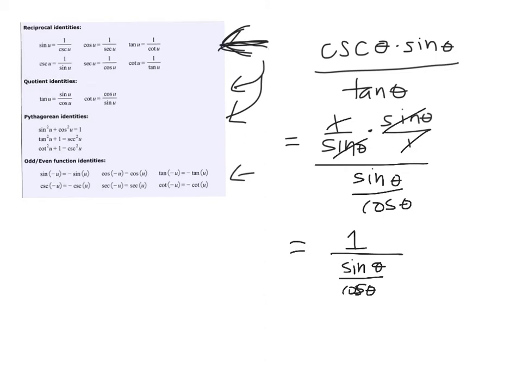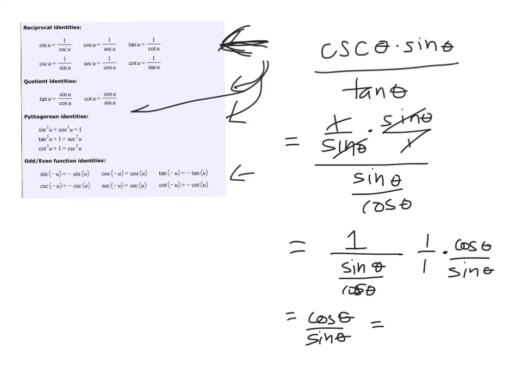And when we divide fractions, we keep the numerator, change the sign, and flip the denominator. So this becomes cosine over sine. And cosine over sine, if we look at the table or look at the quotient identities, sorry about that being messy, is the same thing as cotangent.